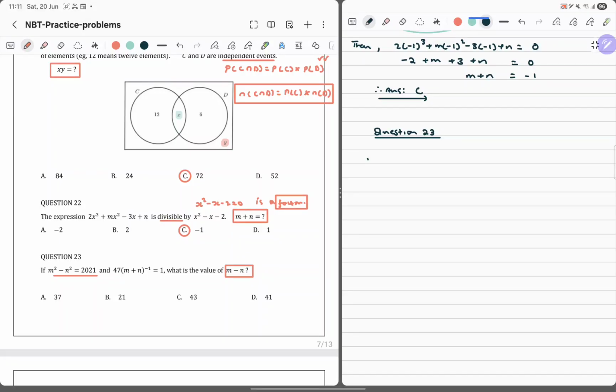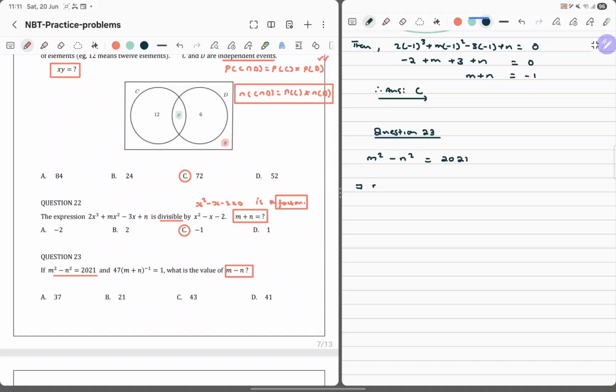What is given? So we've got m squared minus n squared, a difference of 2 squares, is equal to 2021. Okay, now I'm thinking, could I write this 2021 as a difference of 2 squares? Let's see.